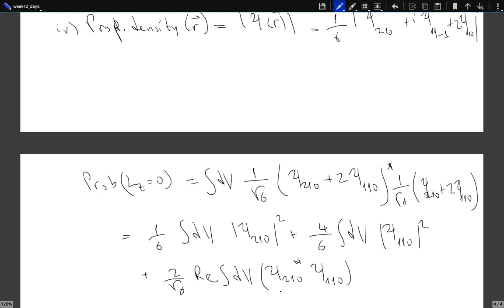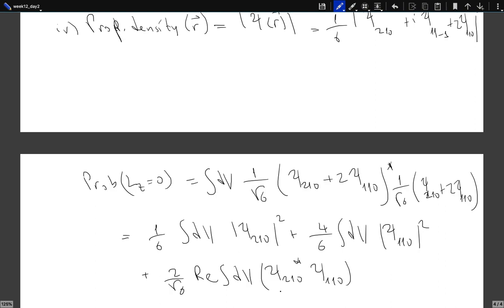Now, this will be the probability obtained from the superposition of waves. But you see, we had already said that this integral is 1 because psi 210 is properly normalized. This is also 1 because psi 110 is properly normalized.